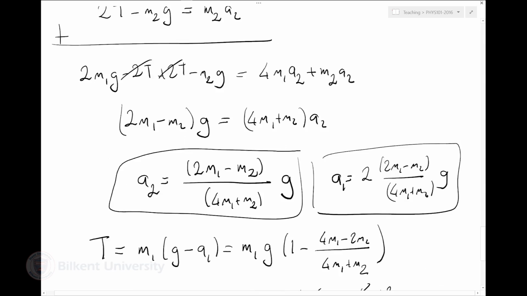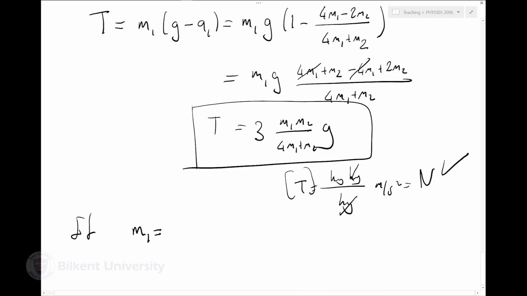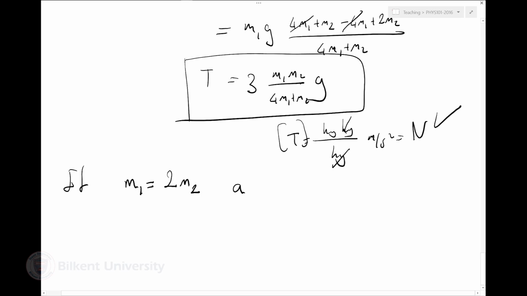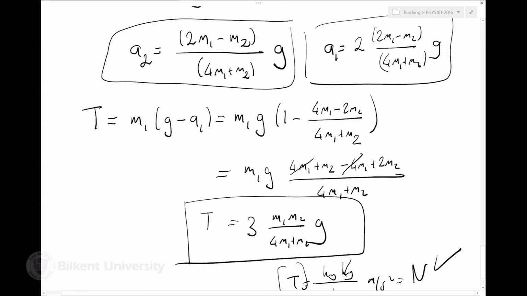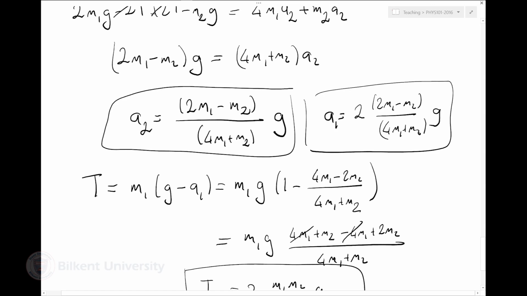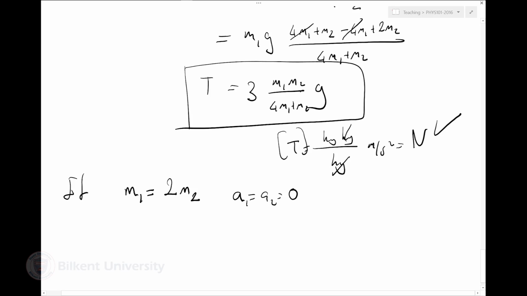If m1 is 2 times m2, what should the accelerations be? It should be 0. The system should be in equilibrium. So let's check when m1 and m2 satisfy this relation. I do indeed find 0 acceleration. So that actually checks.